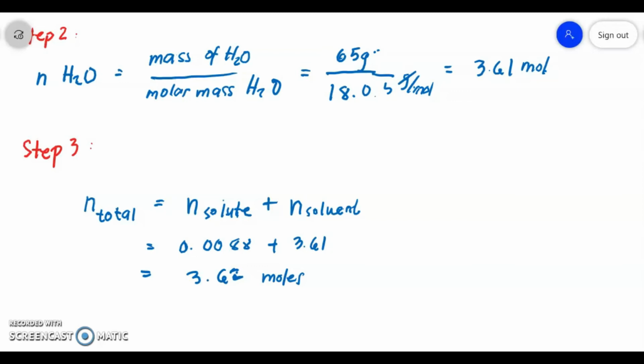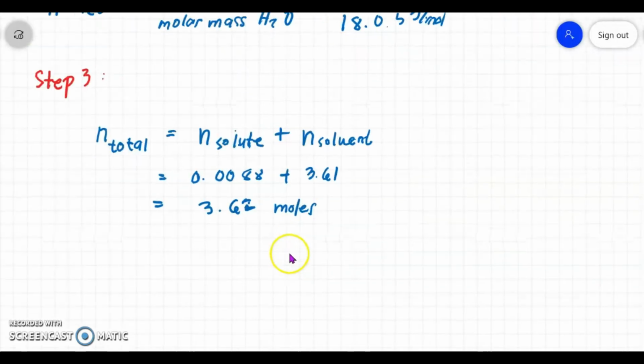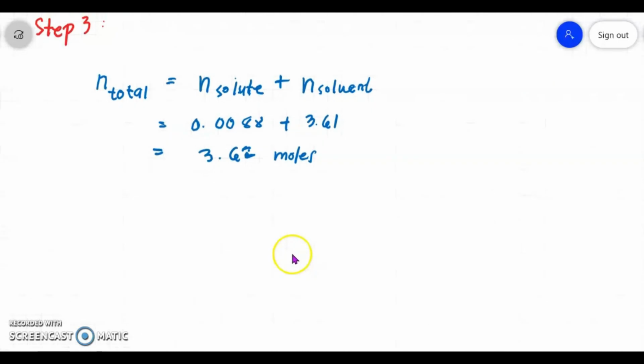The next step would be step 4, which is to get the mole fraction of the solute and the solvent. We will be using the mole fraction formulas we had earlier.